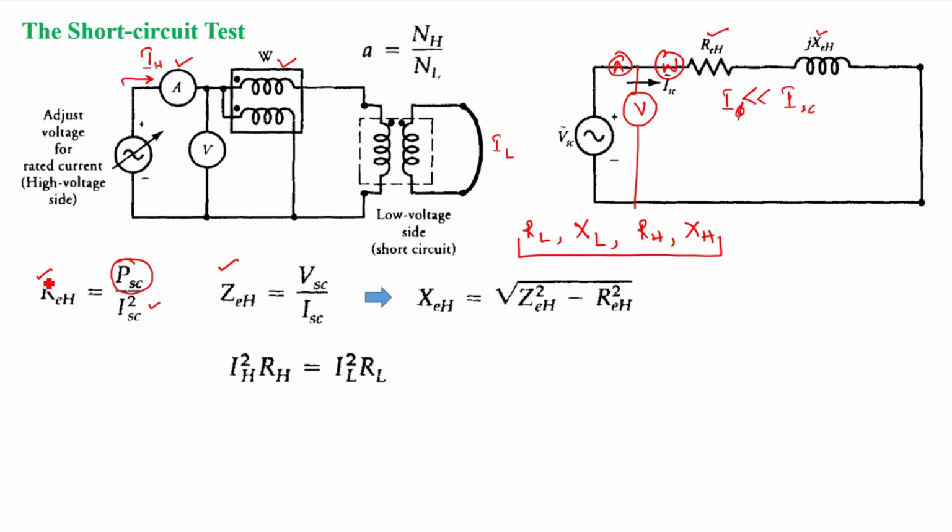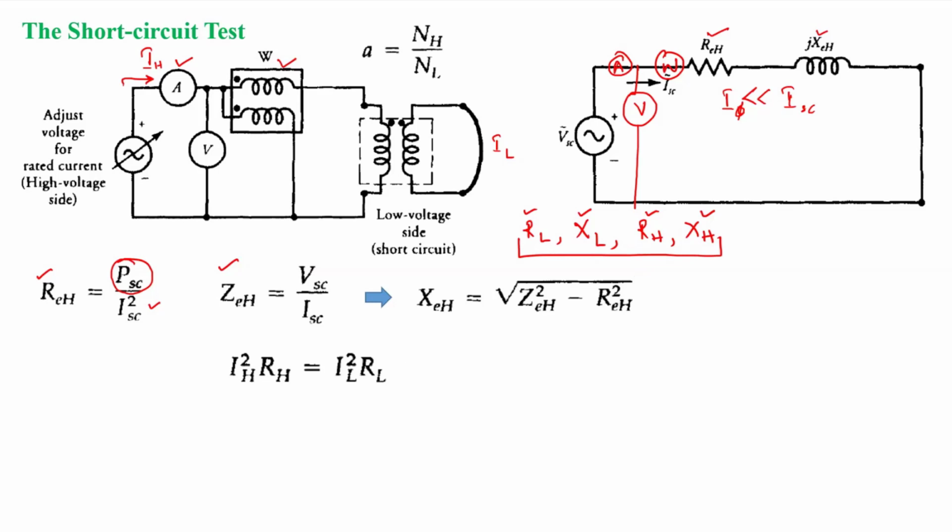Because whatever we found till now is the equivalent parameter referred to one side, the high voltage side, and if we refer it to the low voltage side, we can find the low voltage side quantities also. But the question is how to find these parameters separately: RL, XL, RH, XH.